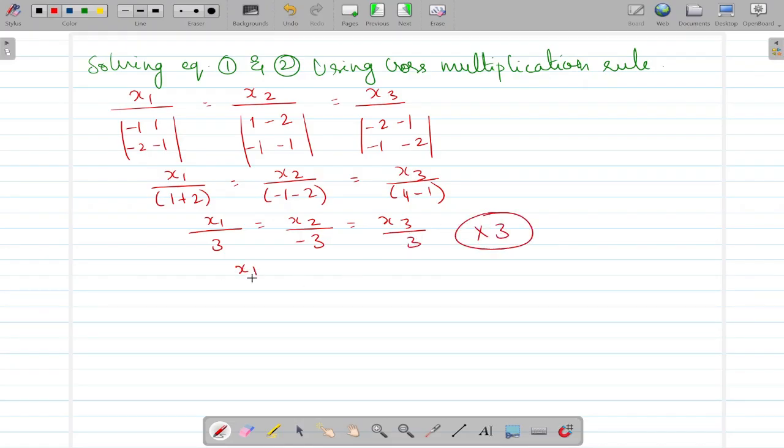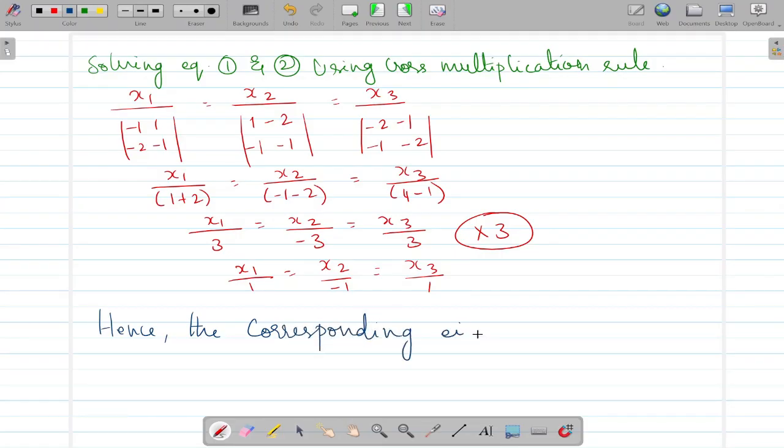So I get x1 by 1, x2 by minus 1, x3 by 1. So from this I can say, hence the corresponding eigenvector is x1 equal to 1, minus 1, 1.